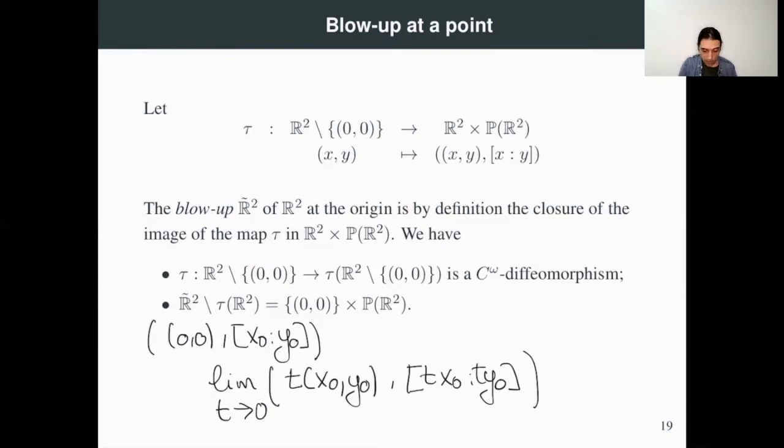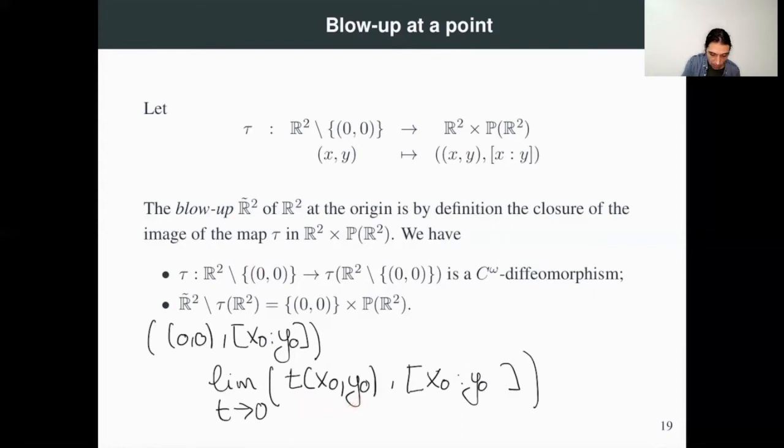What happens is that we can actually remove the t from here, because that doesn't change the point in the projective space at all. So we can actually consider here x0, y0, and when t tends to 0, the first component of the pair converges to 0.